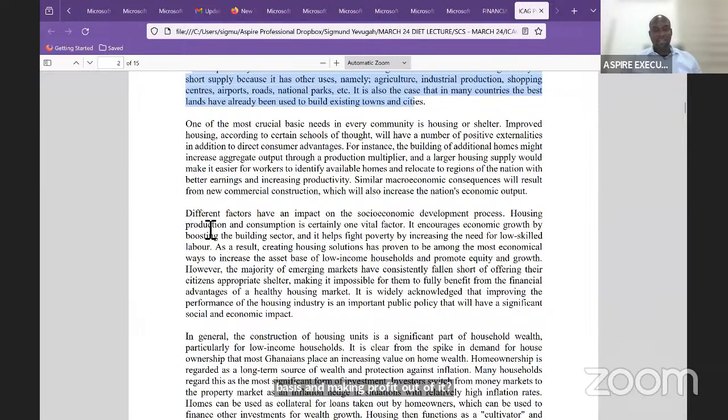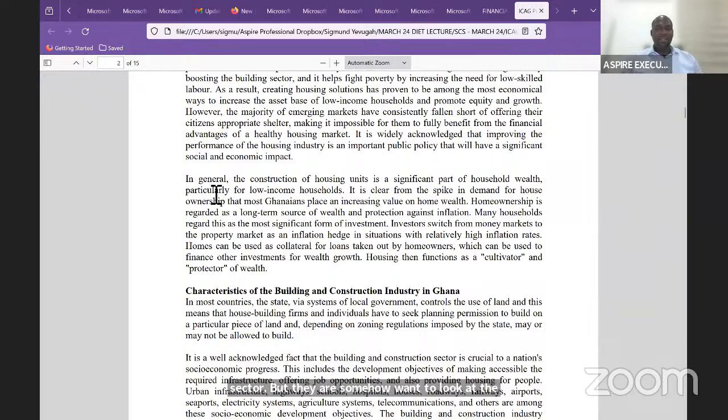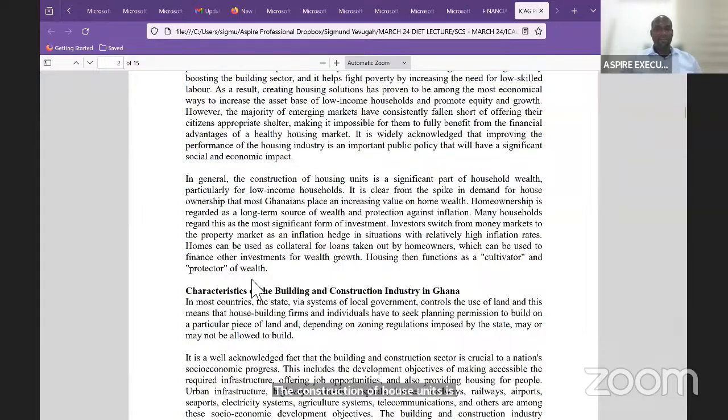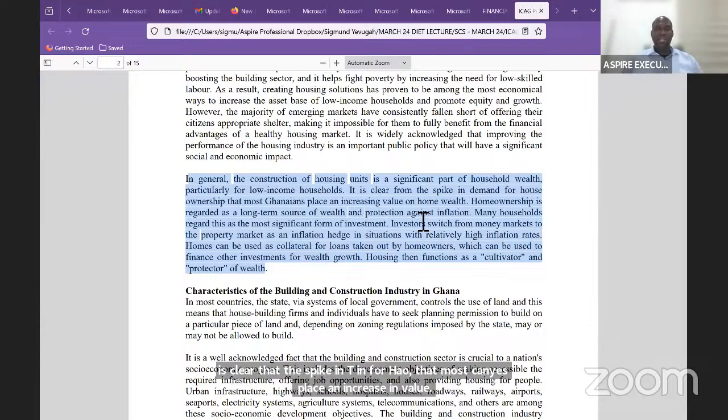Exactly. A lot has been said regarding the real estate sector, but there are some points I want to look at. It says in general, the construction of housing units is a significant part of household wealth, particularly for low-income households. It is clear that there is a spike in demand for house ownership, as most Ghanaians place an increasing value on home wealth. Home ownership is regarded as a long-term source of wealth and a protection against inflation.